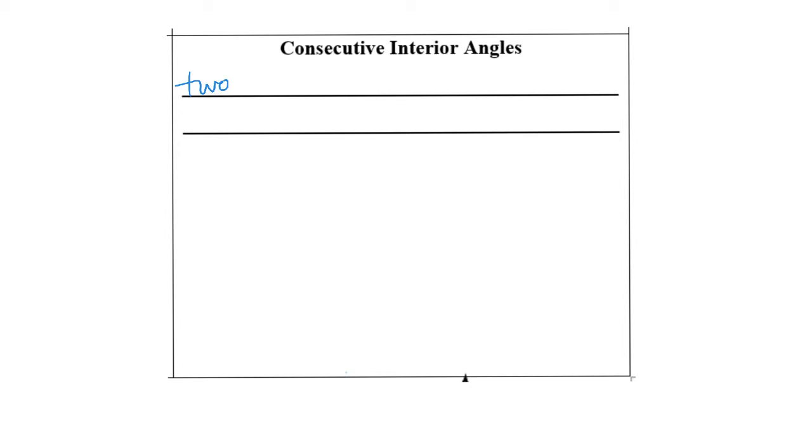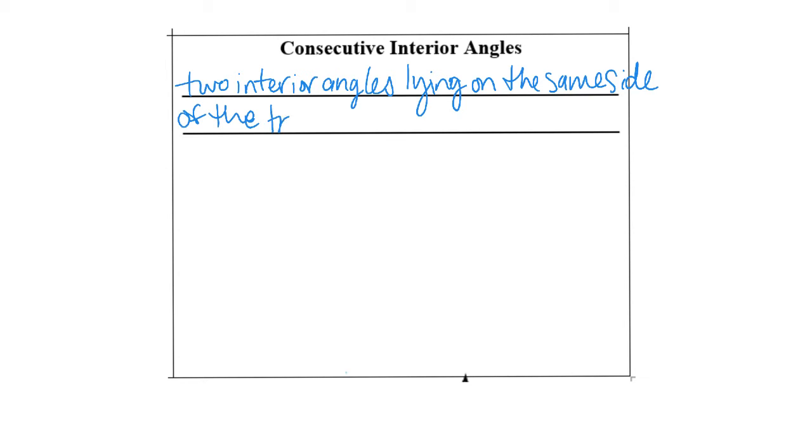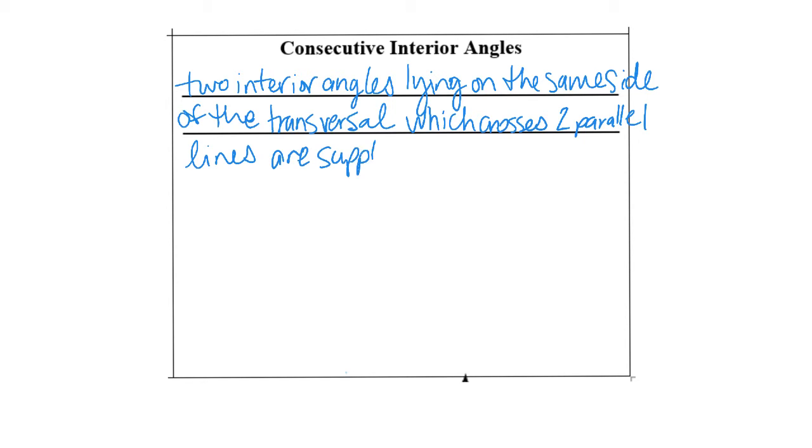Two interior, which means they're inside the parallel lines, angles lying on the same side of the transversal which crosses two parallel lines are supplementary, which means they add up to 180 degrees.